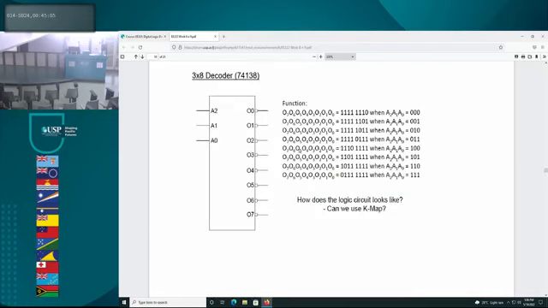I said for this one here, the 74LS138, 3 by 8, please look at the naming convention. For 3 by 8, you have to draw the truth table. Obviously, there are going to be 3 columns of inputs and 8 columns of outputs.